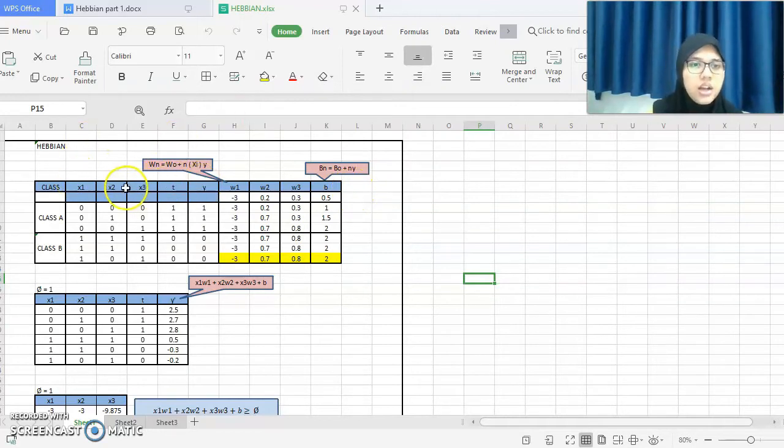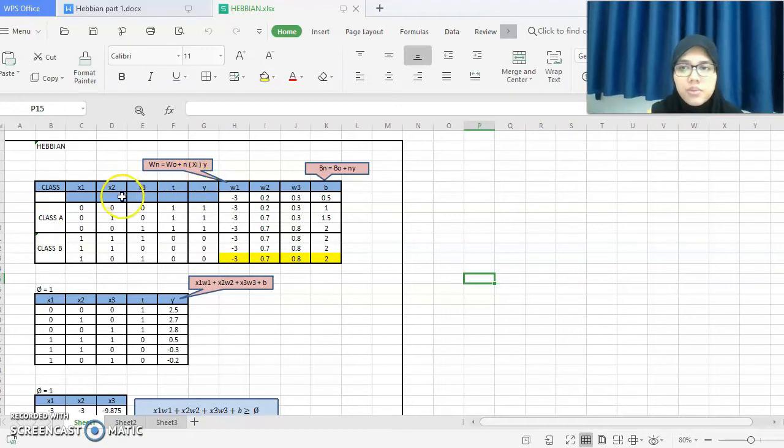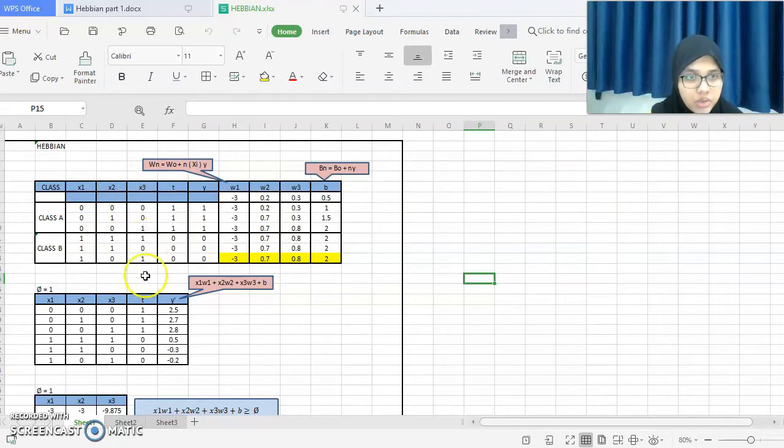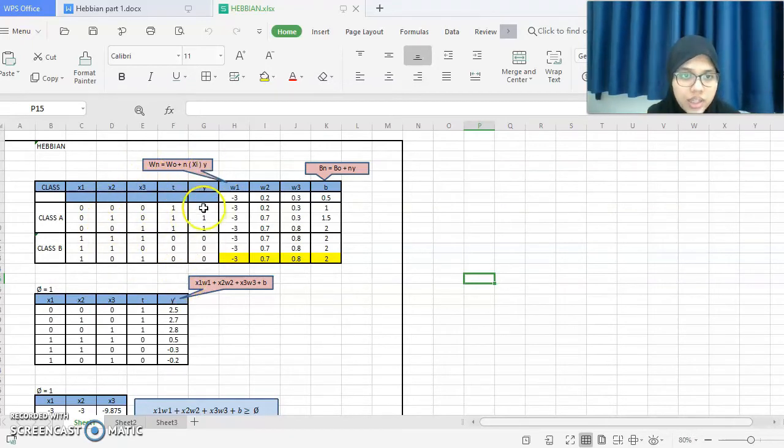After that, we will have to determine the value of W1, W2, W3 and B for the new ones. X1, X2, X3 and T are already given from the questions, so we just put those values into the table. As for Y, for Hebbian, the value of Y is equal to T, so we just copy directly the same.